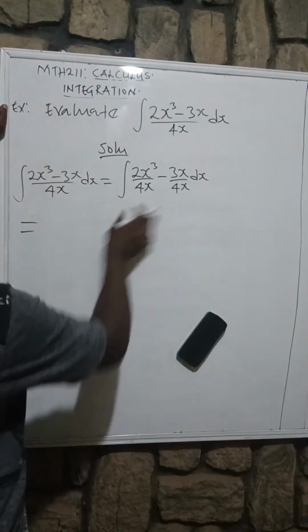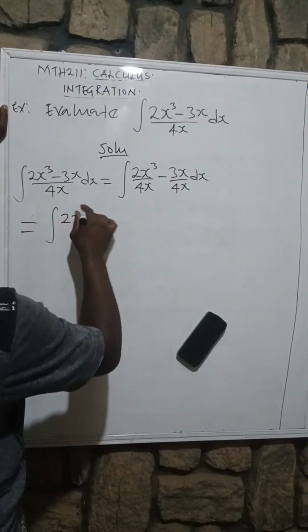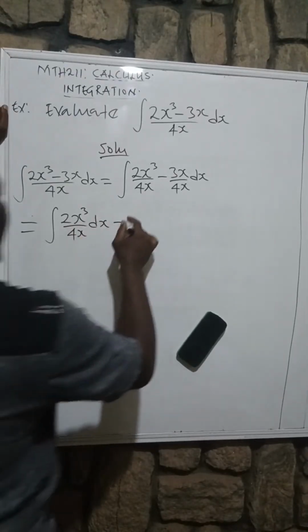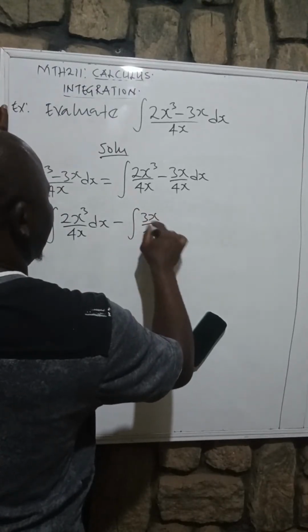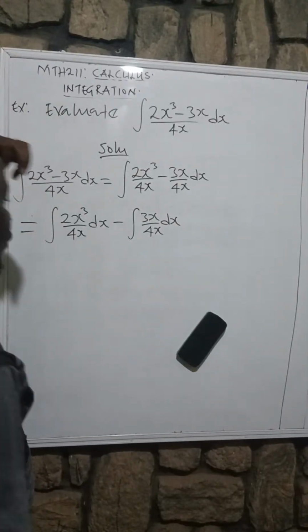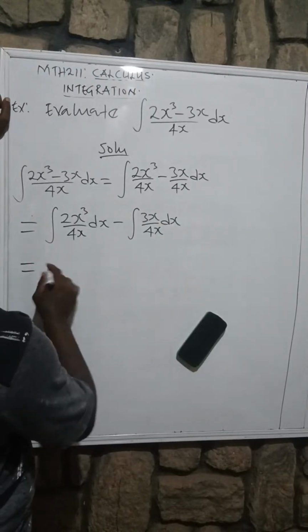Then we can still rewrite this integral in this form: integral 2x raised to the power 3 all over 4x dx minus integral 3x all over 4x dx. True or false? Right?